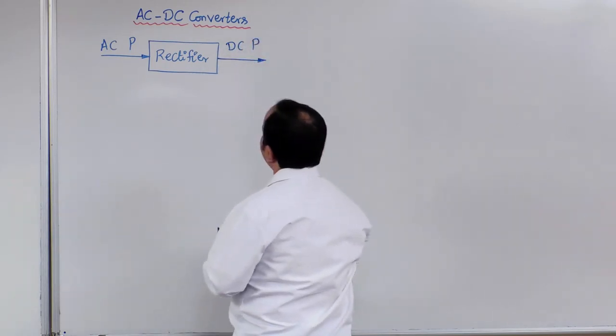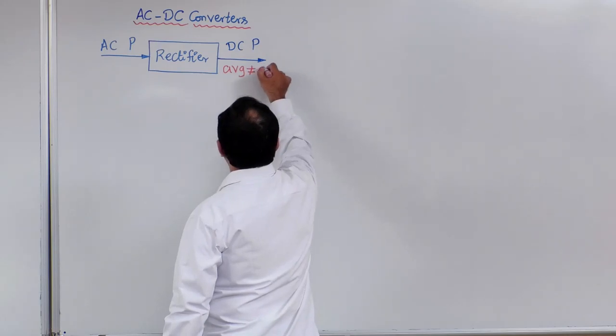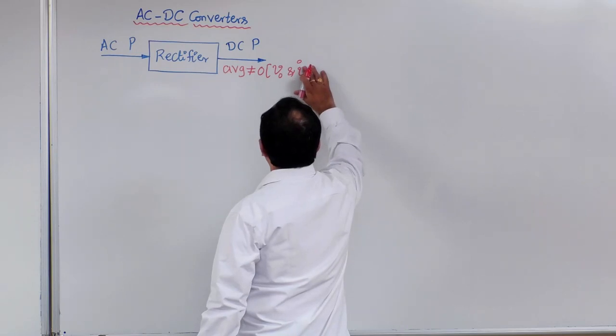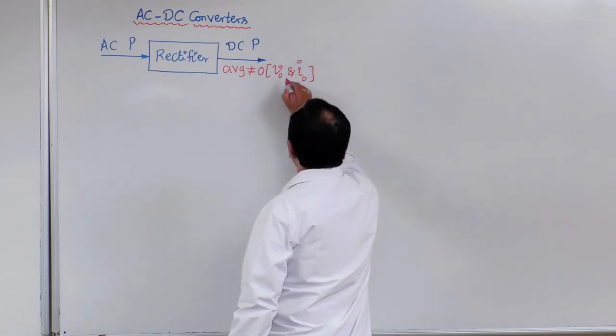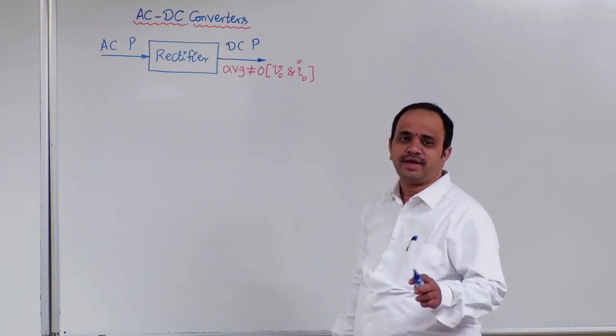That means the average values of V0 and I0 are finite values.